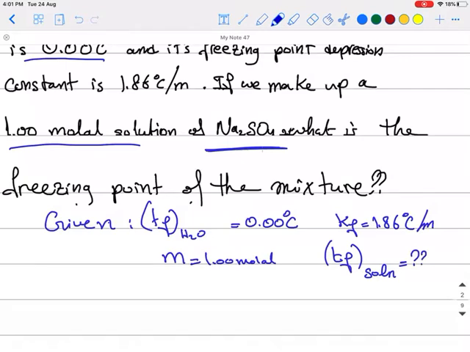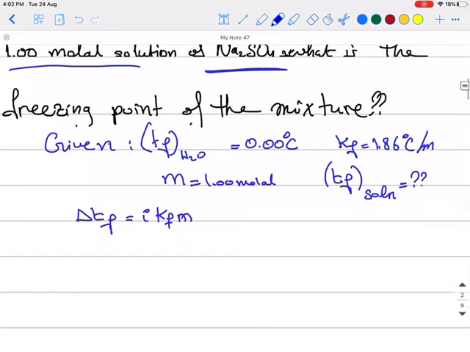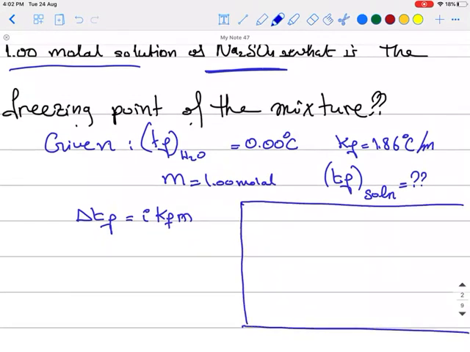Okay, so we will go with the formula: delta T freezing equals i Kf times molality. We have to know several things before solving the equation. First of all, delta T freezing: because the freezing point gets depressed, it will be T freezing of the solvent minus T freezing of the solution.